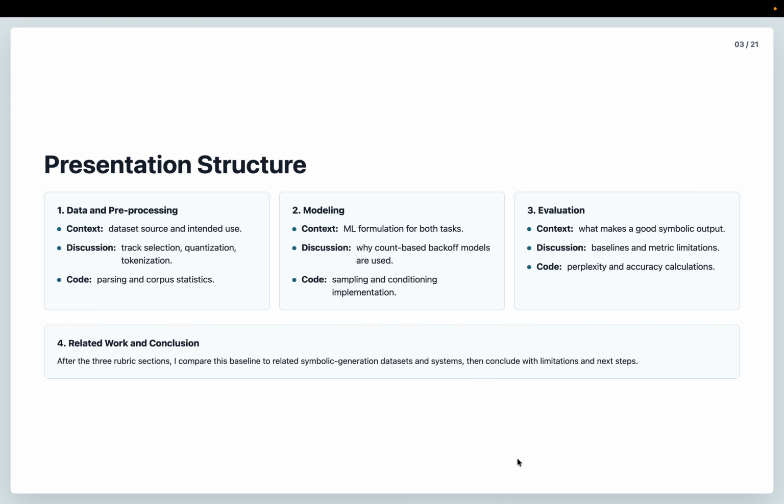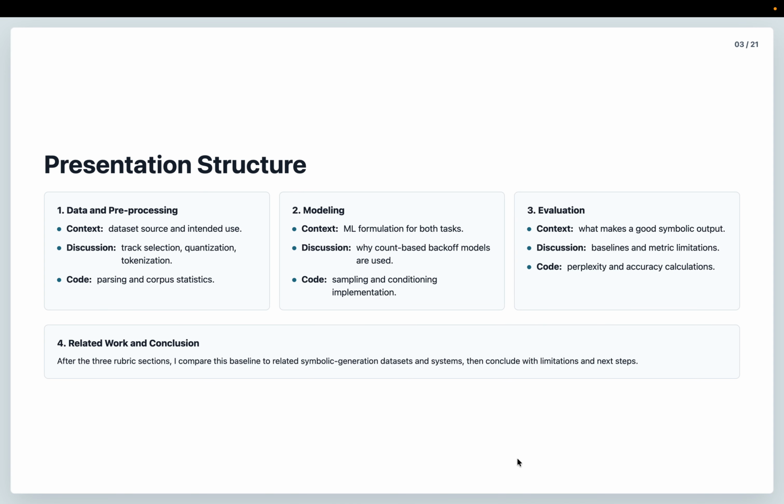So this slide maps the presentation directly to the assignment rubric. I will first explain the data context and preprocessing choices, then discuss modeling for both tasks, then evaluate both tasks with baseline and code-level metrics. After that, I will discuss related work and finish with the conclusion.